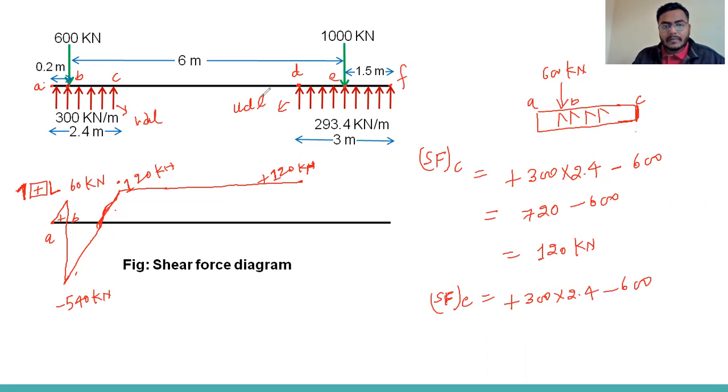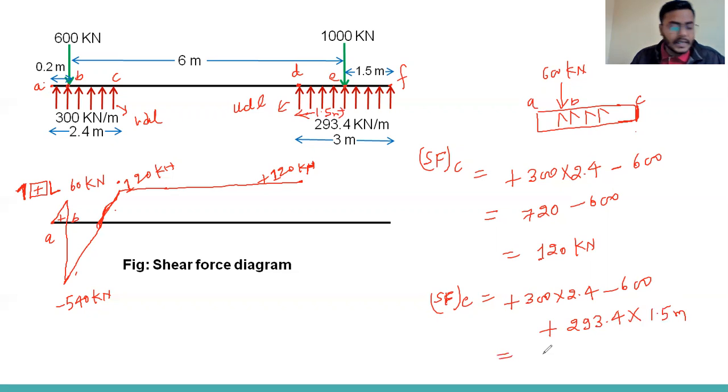Now again, it's here. So this is also upward UDL load. So we can calculate plus 293.4 into what is the distance? This is total 3 meter. So this will be 1.5 meter. So we can write 1.5 meter.